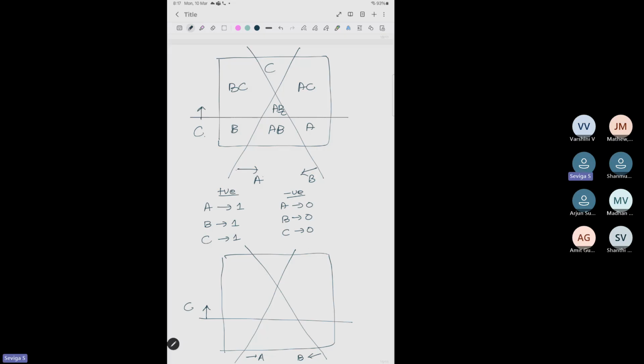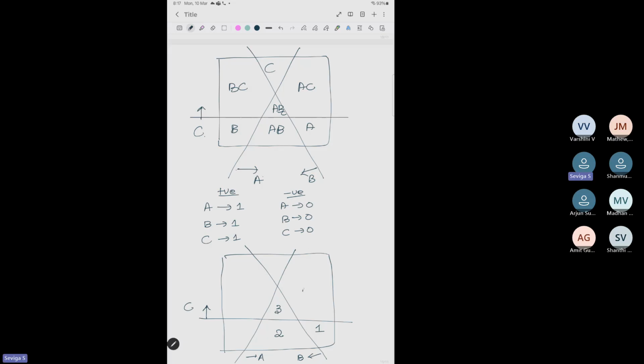So for each positive region, if I put 1, here A and B are positive and C is negative, so it will have the value of 2. Here A is positive and B and C are negative, so it will take the value of 1. Here A, B, C, all three are positive, so we write 3.